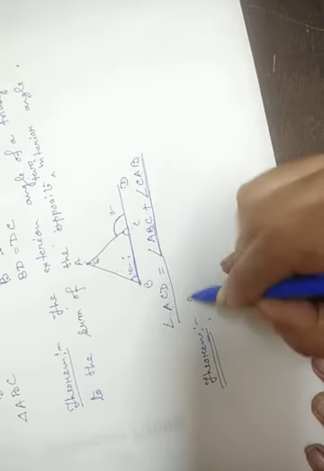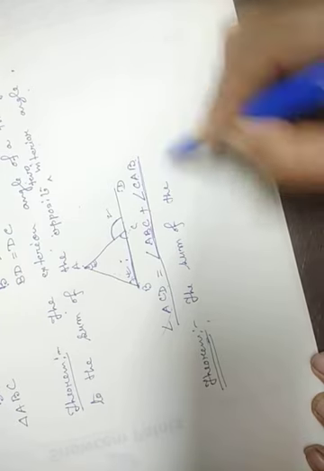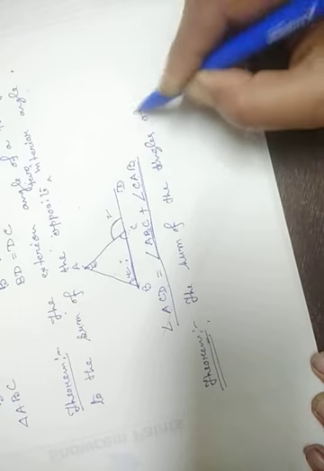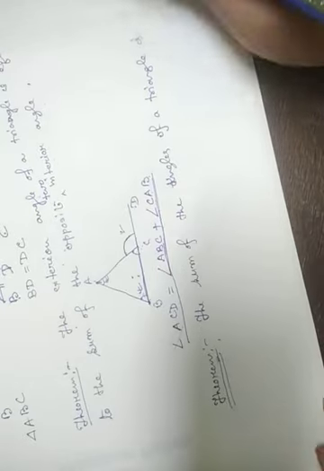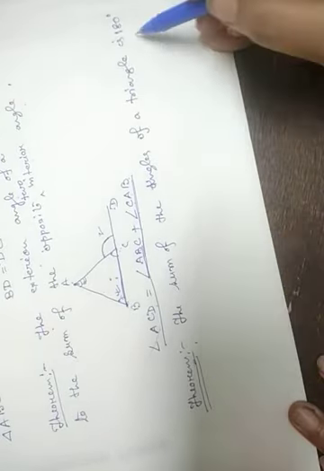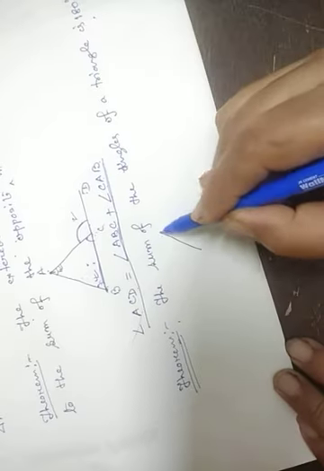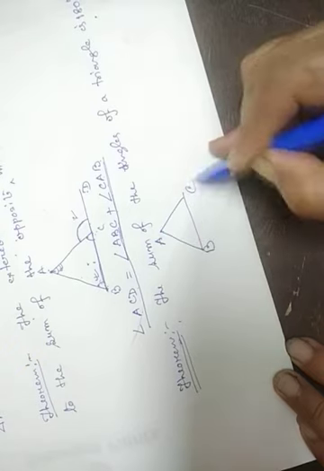What is the theorem? The sum of the angles of a triangle is 180 degrees. This theorem is also called the angle sum property of triangle. Now this is a triangle ABC.